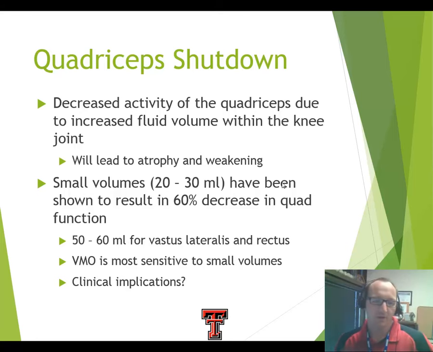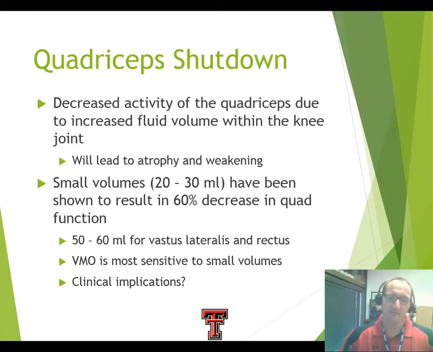All right, we'll talk real briefly about quad shutdown. Anytime we've got effusion, we also have a reactive muscular inhibition that occurs in the quad. This happens with volumes as small as 20 to 30 milliliters, which you probably can't appreciate with a sweep test or a bilateral patella test. They'll feel tight, but you won't be able to definitively tell that they've got an effusion of that size.